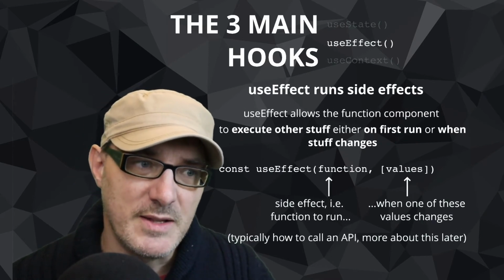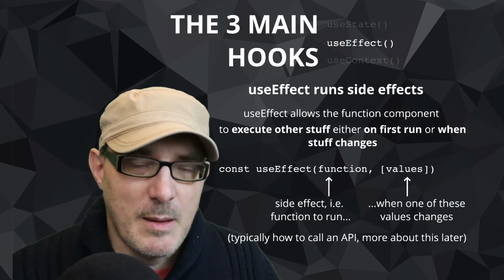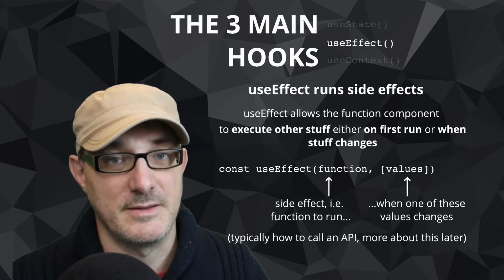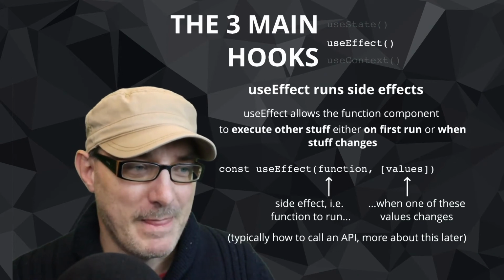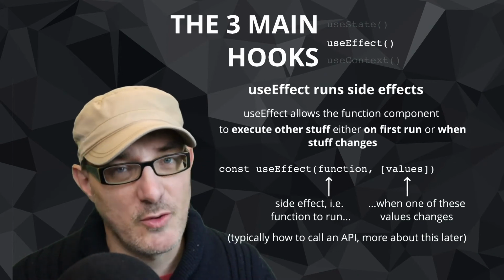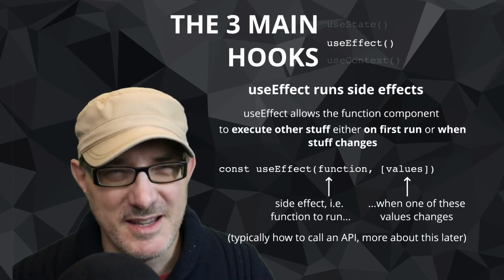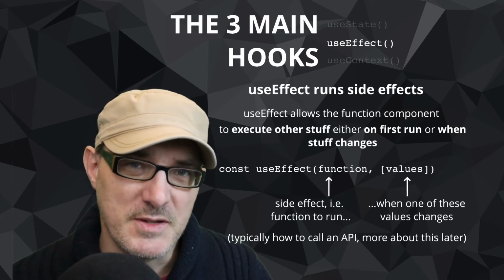useEffect allows us to run side effects. The side effect is something that is run as a side effect, obviously, and it allows us to execute other stuff either the first time the component is mounted, the first time it's run, or when stuff changes. The syntax is fairly simple.